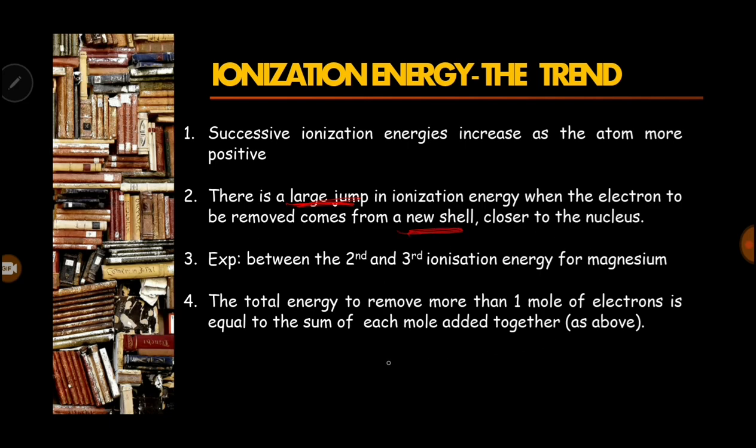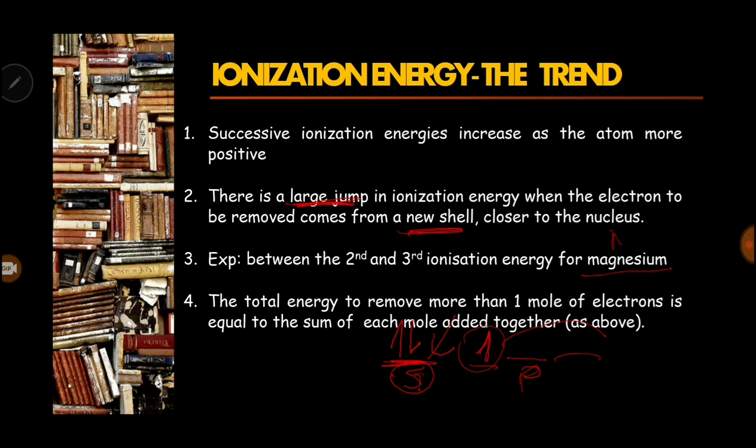Let's say they are from the S shell and the P shell is here. Removing one electron from the P orbital may be easier than removing an electron from the S orbital, since this is a new shell closer to the nucleus. For example, between the second and third ionization energy for magnesium.